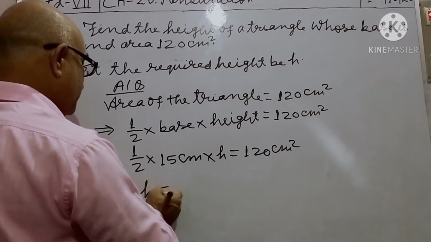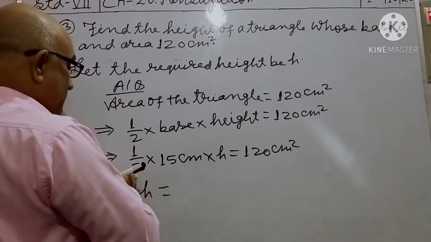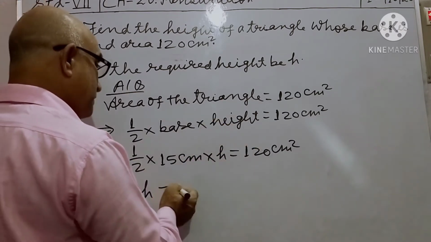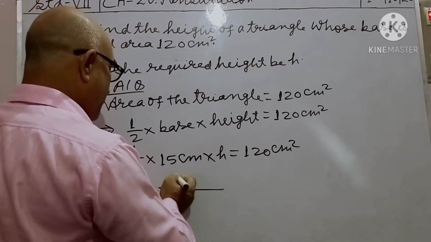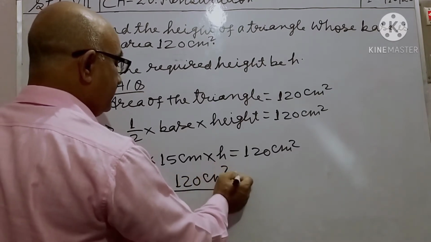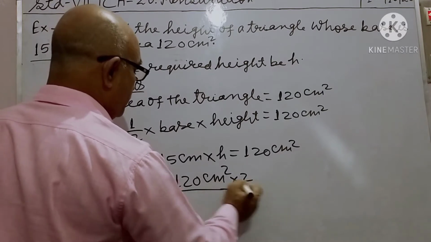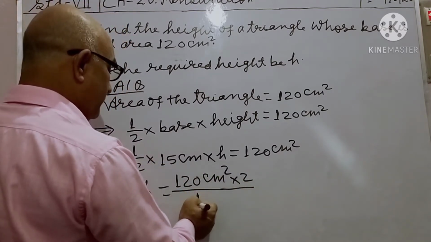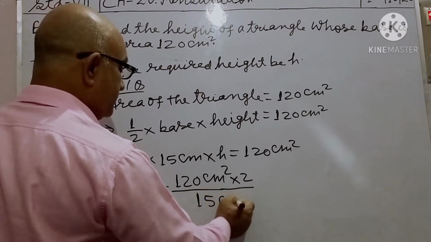H equal to 120 cm square into 2. 2 is divided here, by transposition change into multiply. 15 cm here multiply, by transposition change into divide. So 15 cm.